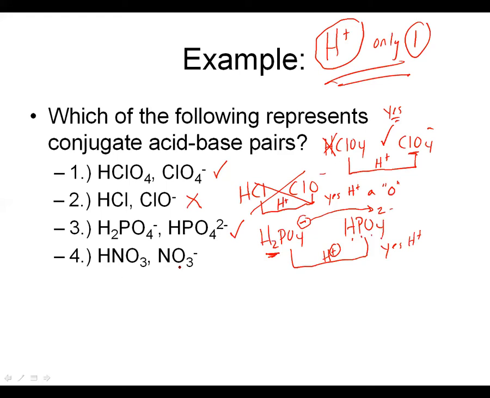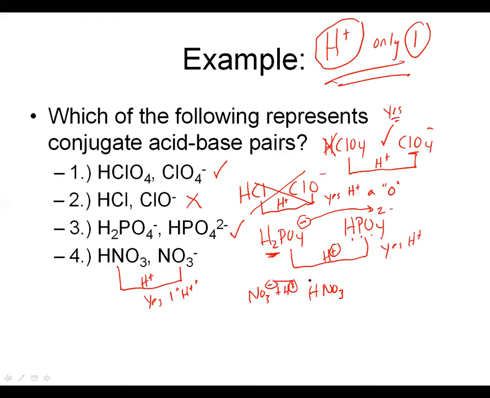And lastly, when we look at these two here, the difference here is also, yes, just one H plus. And again, you can look at it however you want to look at it. You could take the NO3 minus, and if you add an H plus to it, you put the H on it, you get an NO3 with plus 1 and -1 equals 0.